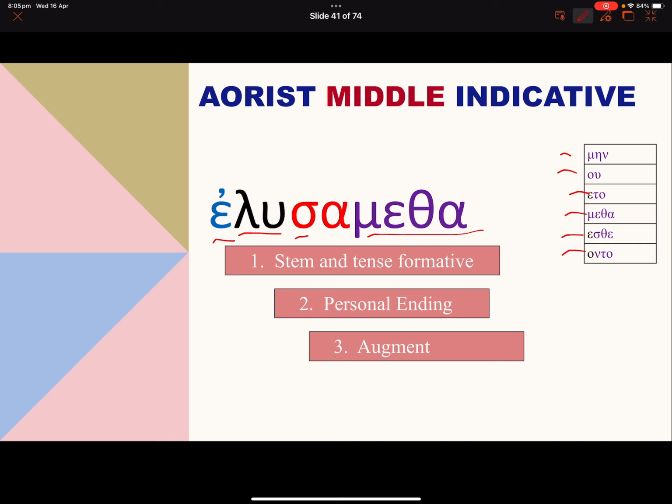And so here I can tell that it's come from the word luo, meaning I loose or I untie. I can see that it's past time, so it's either imperfect or it's aorist. But because of that sa, I know that it has to be aorist, because that's our tense formative. It's changed the form of the word into a different tense.